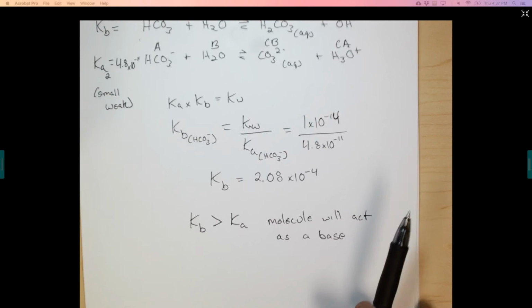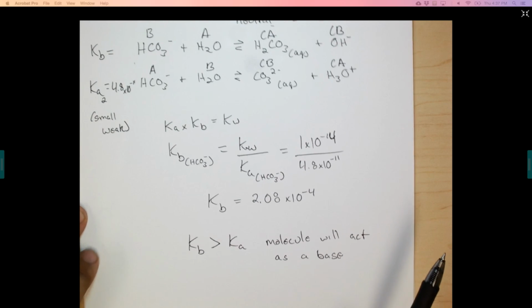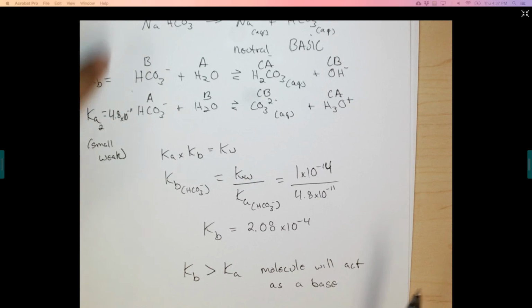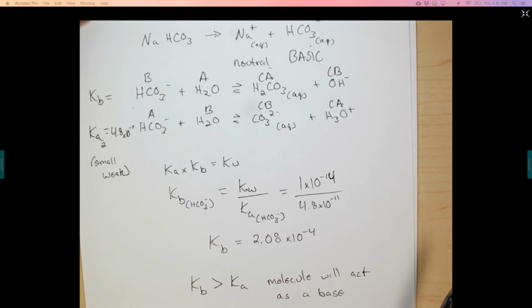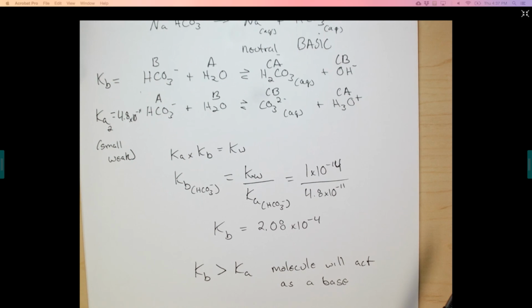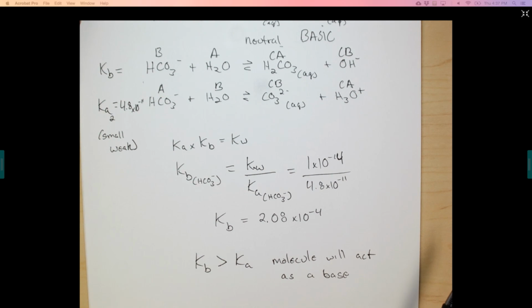This is a great example of determining, for a polyprotic species such as carbonic acid, which direction you expect the reaction to occur, and therefore how it will impact the pH.